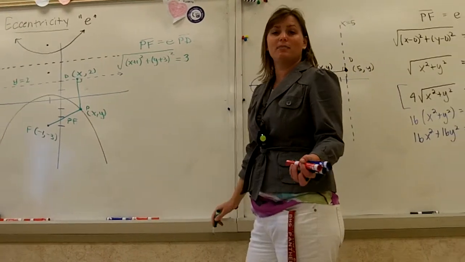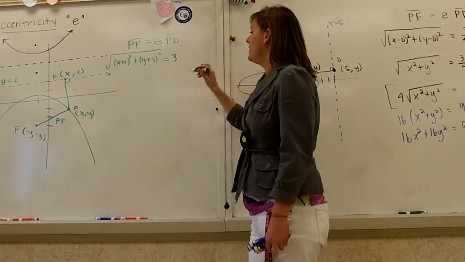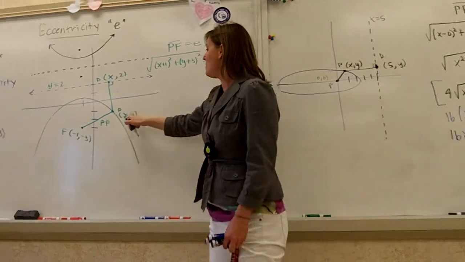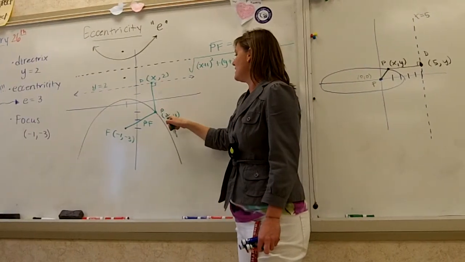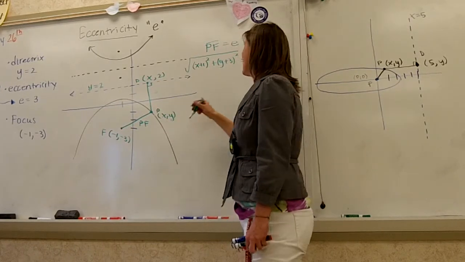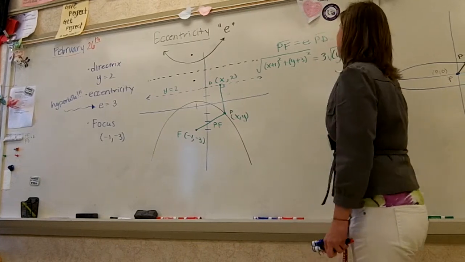Oh my gosh, that's so much better than the last one because there are no fractions. And then my point to the directrix: what happens to the x's when you do the change in x? x minus x is just 0. So this is equal to y minus 2 squared.